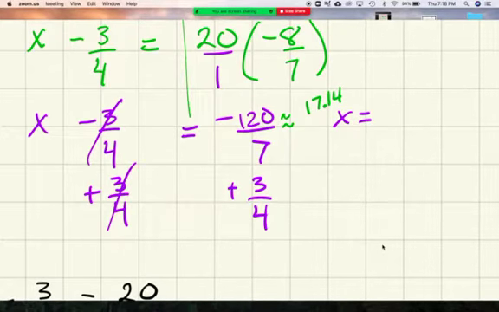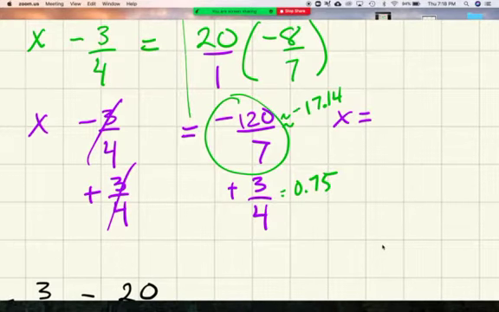I'm just going to do 2 decimal places. And 3 divided by 4 is 0.75. So if I'm taking this negative and this positive, I could just do that in my calculator.